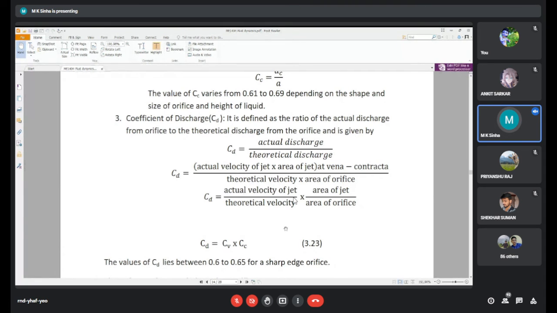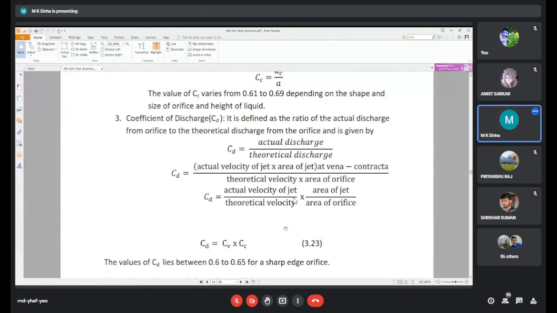Sometimes the coefficient of contraction and the coefficient of discharge may be minutely different, but still it is a product. The coefficient of discharge is the product of two decimals, so it will always give the lowest. In an examination or competition, you may be confused; just remember the coefficient of velocity is highest, and the coefficient of discharge is the product of the two things, so that's why it is lowest.